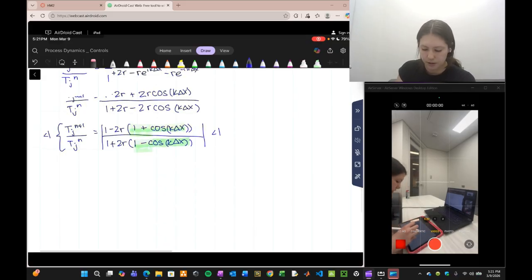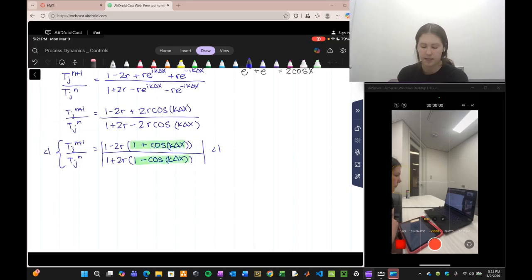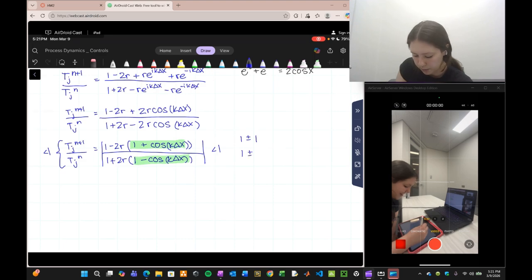We know about the cosine function that its minimum and maximum values are negative 1 and 1. So if we plug in those values into what's in the parentheses, we will get 1 plus or minus 1 for its maximum value, or 1 plus or minus negative 1 for its minimum value. 1 plus 1 is 2, 1 minus 1 is 0, 1 plus negative 1 is 0, and 1 minus negative 1 is 2.